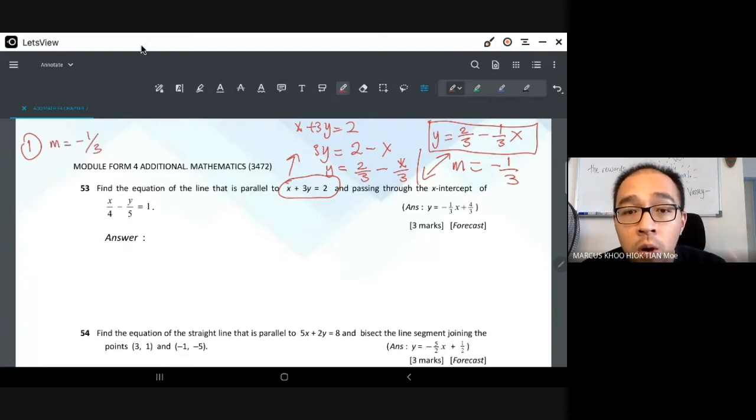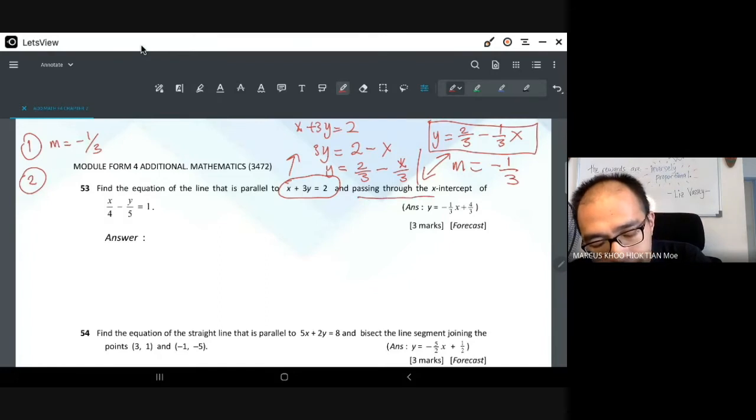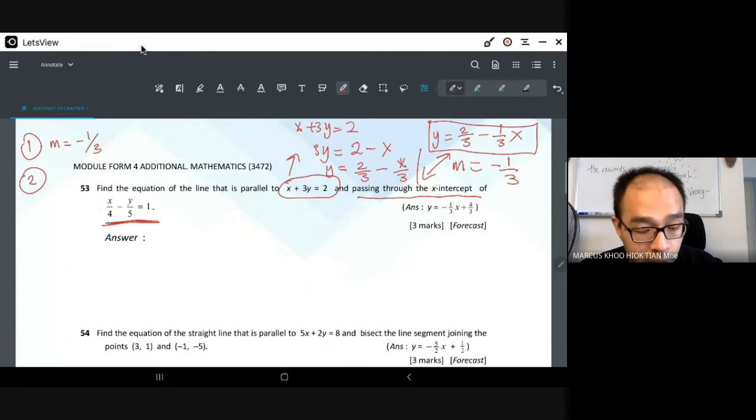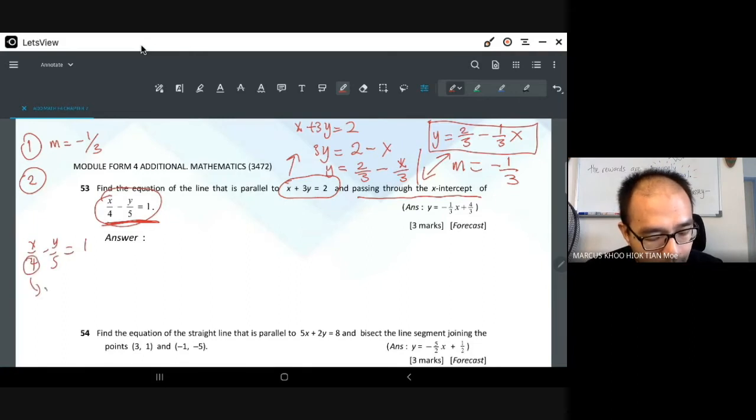Now we must find a point. The second thing I say, we must find a point, right? Let's see, what is it passing through? It's passing through the x-intercept of this one. Oh, we've seen this one before, right? x over 4 minus y over 5 equals 1. This 4 is actually the x-intercept, because the equation is equals to 1.